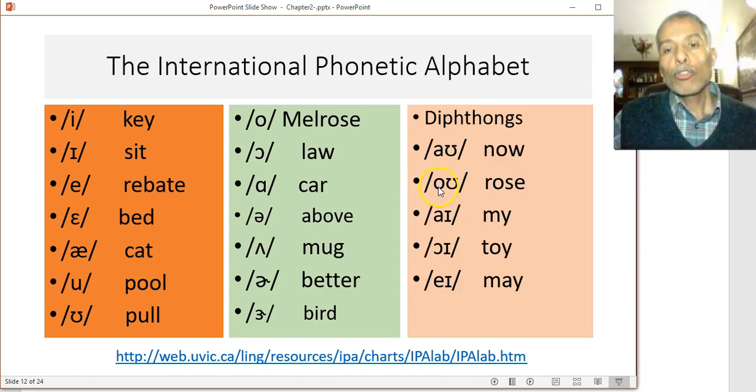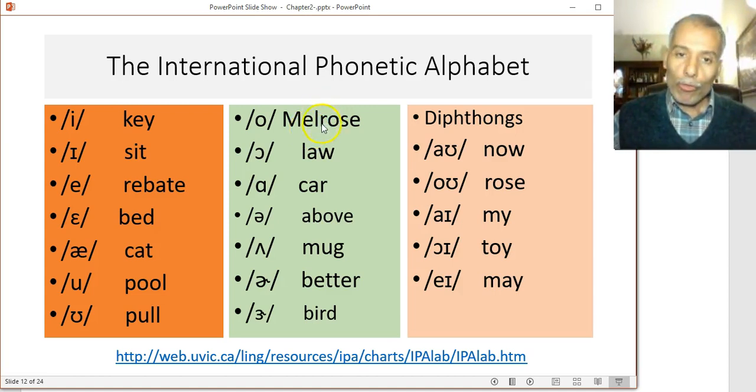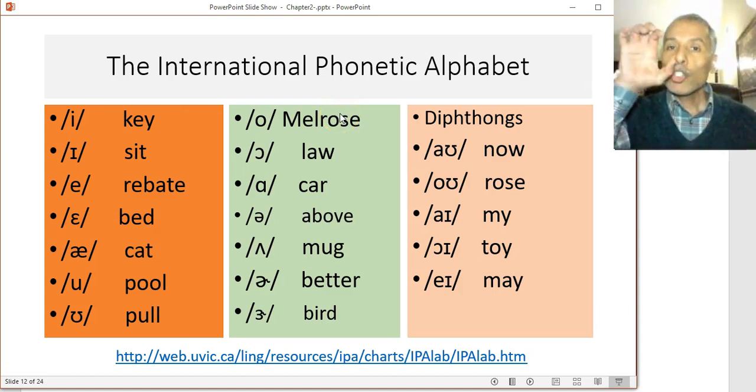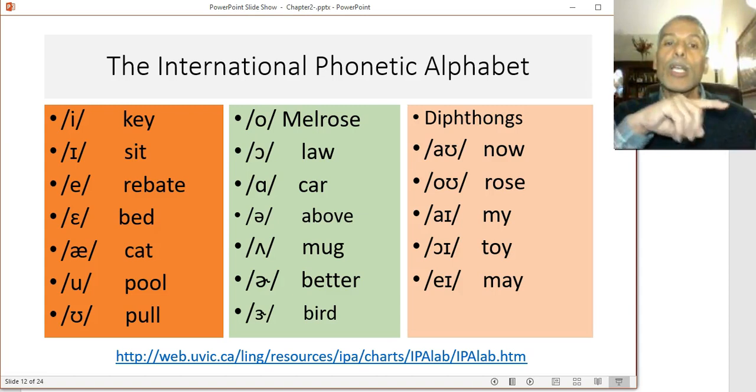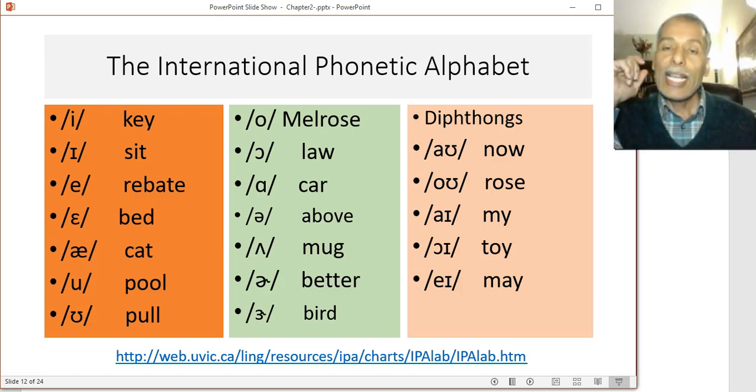But if you put the word rose in a word like the name of the town, Melrose, you do not say rose like you say it here. You say Melrose. So the O at the end here becomes shorter because you put the emphasis away from that syllable. By nature, single syllable words have a single word stress, just as a rule.